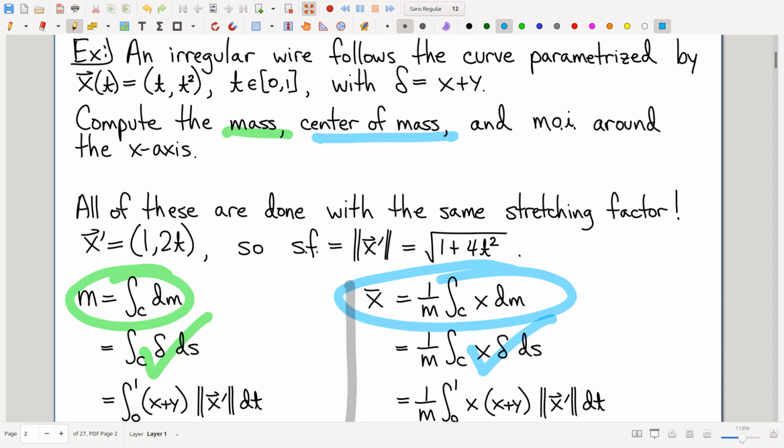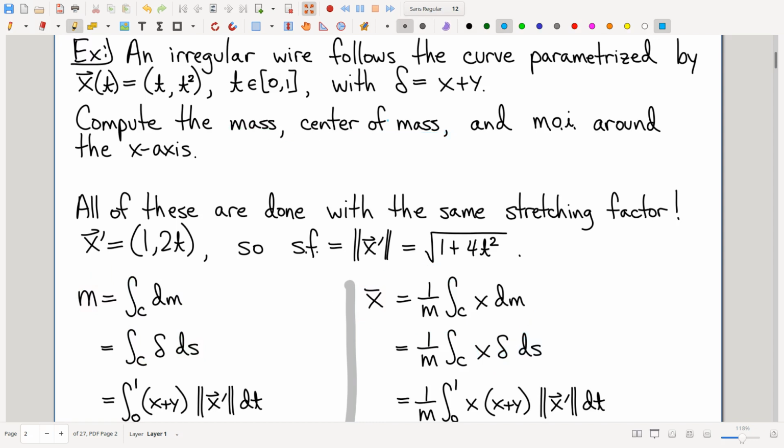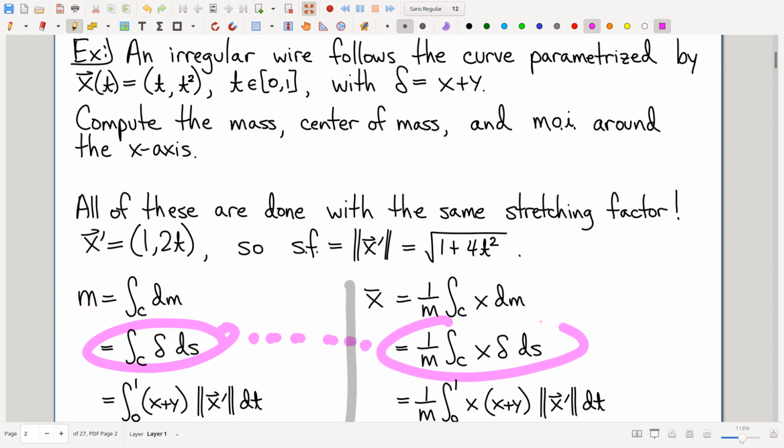Okay. Now, it's tempting to look at these two integrals and say that they're pretty different, right? But this integral and this integral, they have a lot in common. In particular, they're integrals computed over the same curve.